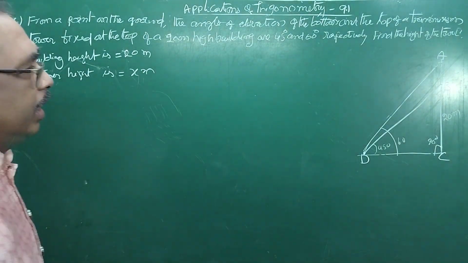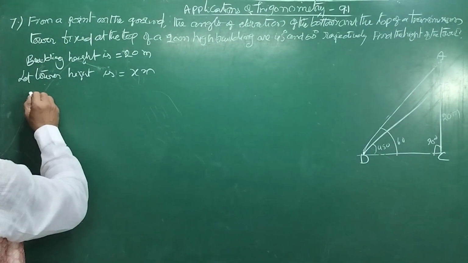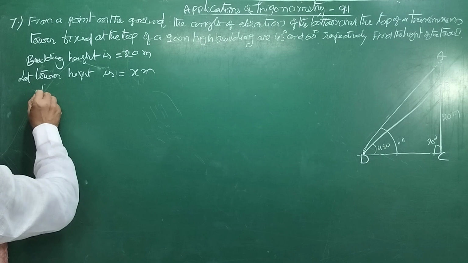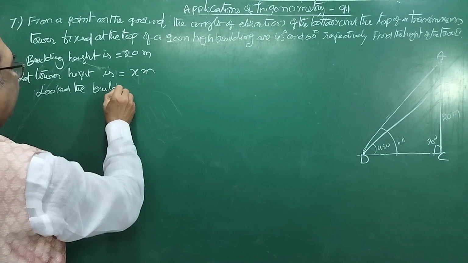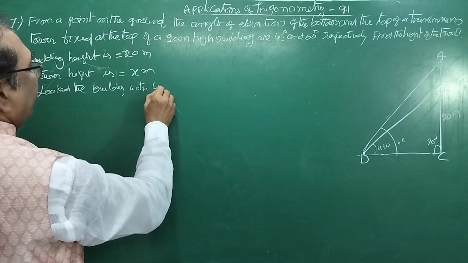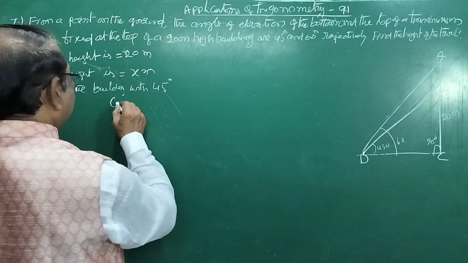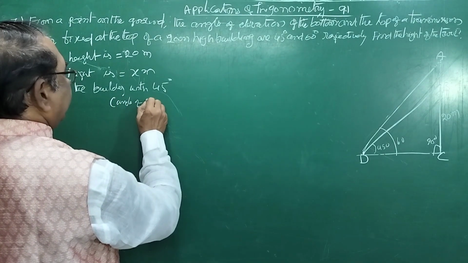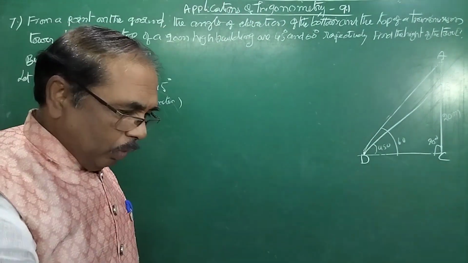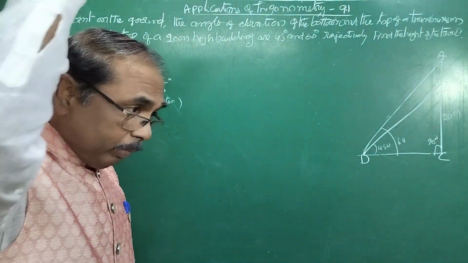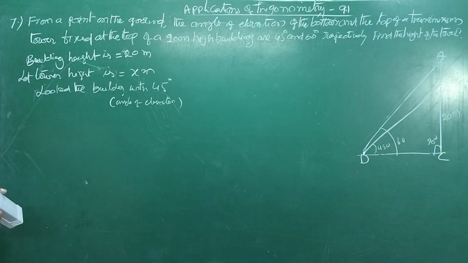You see, a man looked at the building with 45 degrees. That means the angle of elevation is 45 degrees. Let us write angle of elevation. He looked from down to up, not from up to down.